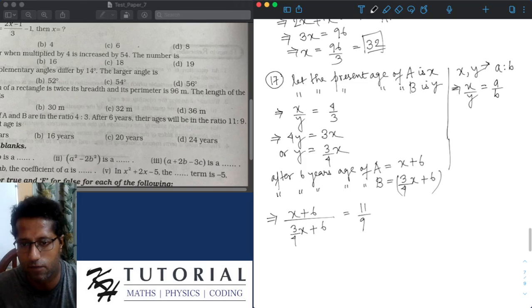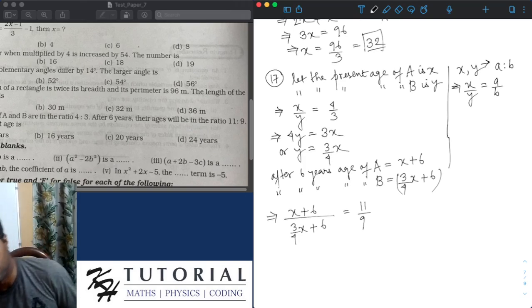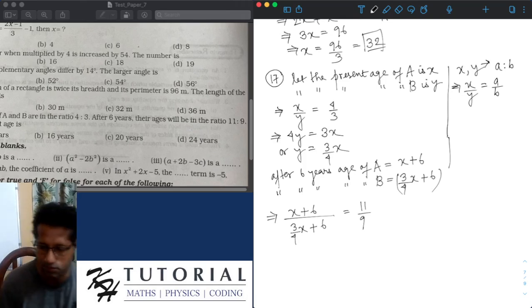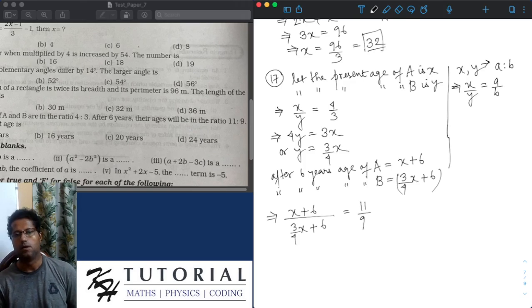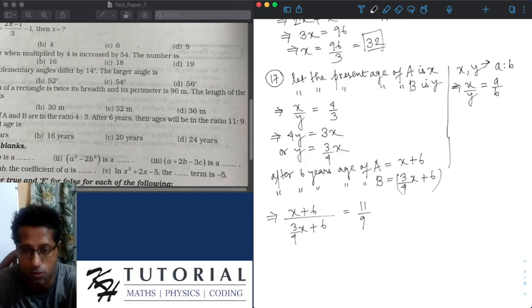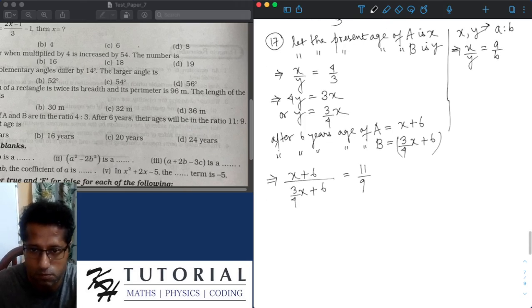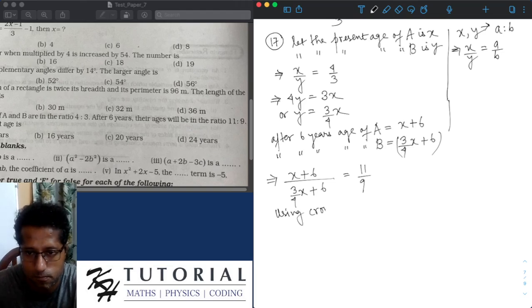Now to solve this kind of linear equation, where the fraction has both the numerator and the denominator containing the variable x, usually you do cross product.